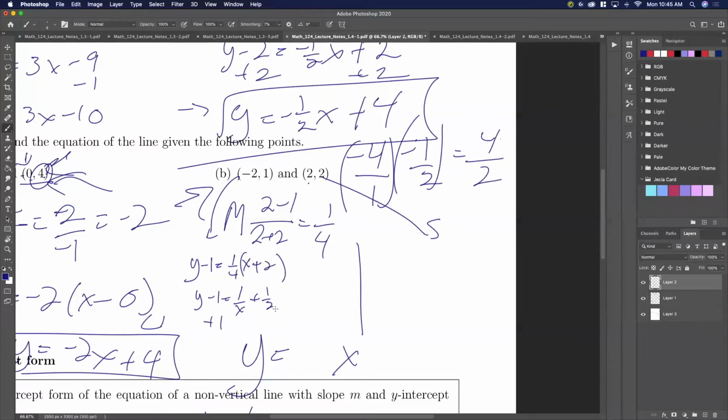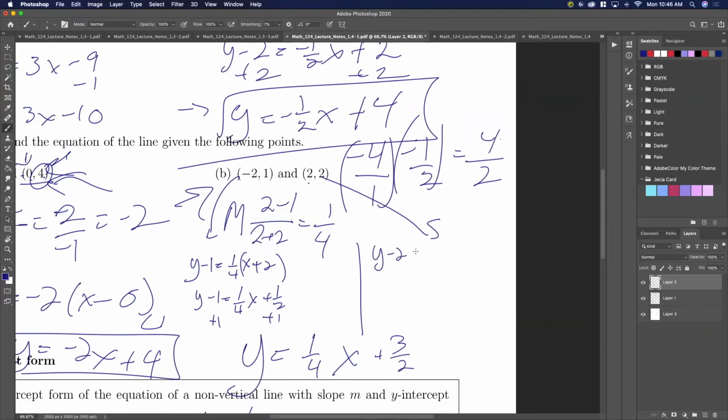I'm going to add 1 to both sides, and then I'm going to get y equals, that is not a 4th x. I said a 4th x. Did I write it? Not even a little bit. Plus a half. I'll add 1 to both sides. 1 plus a half is 3 halves, and so I'll have a 4th x plus 3 halves.